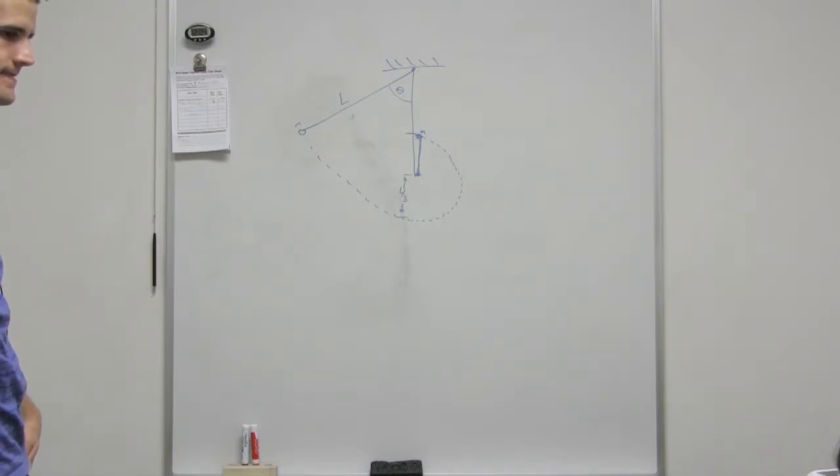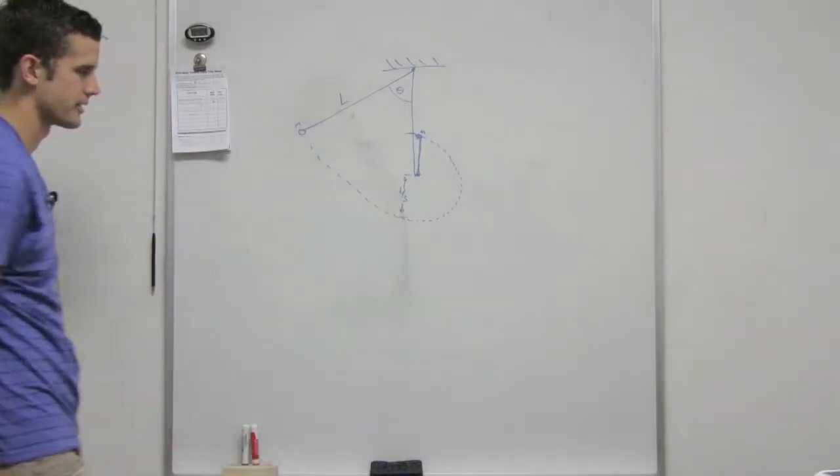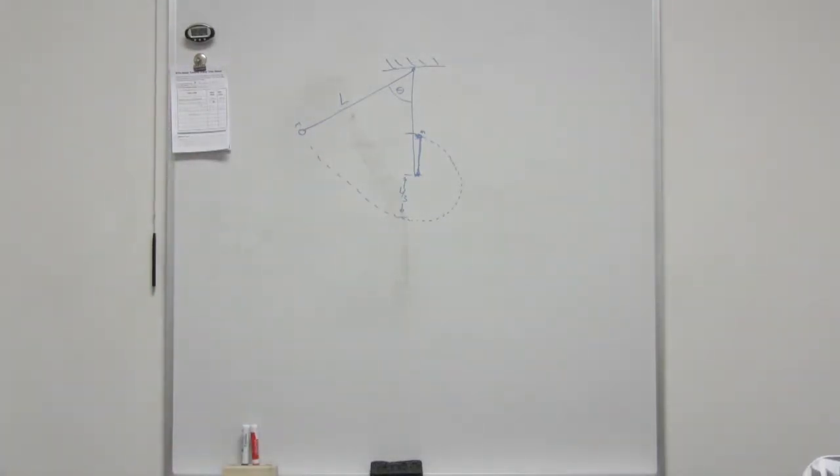I guess we would go from energy, and then from energy I would think we would put into kinematics. Now it turns out you can solve this problem purely with energy, in one step.